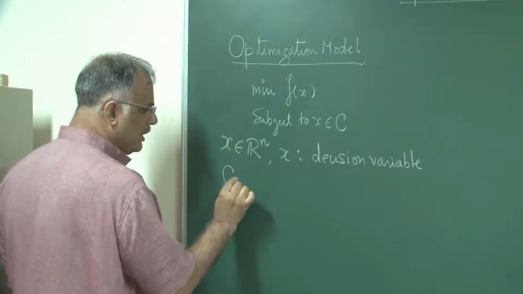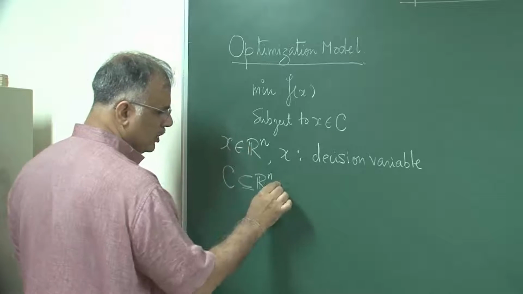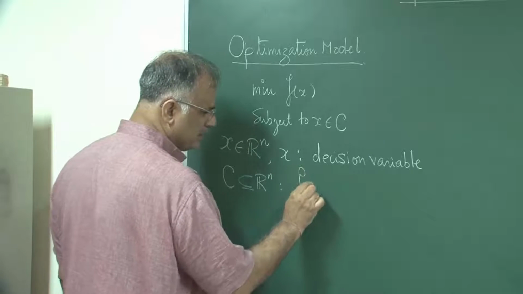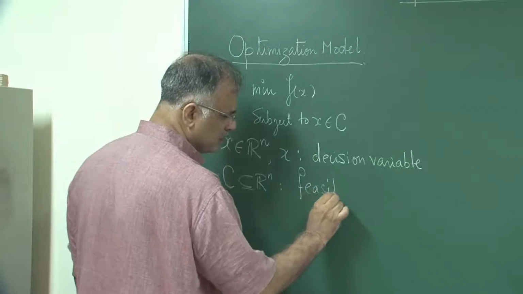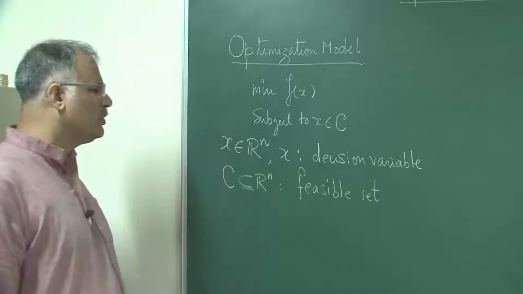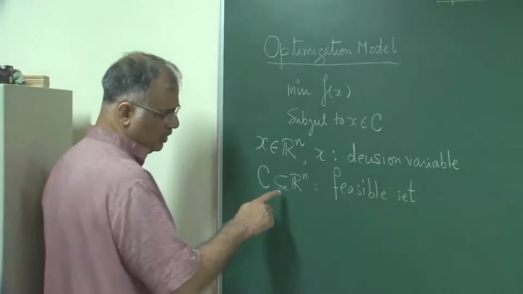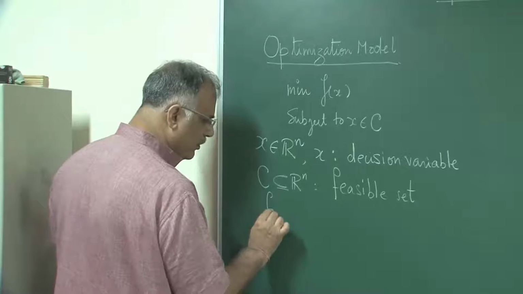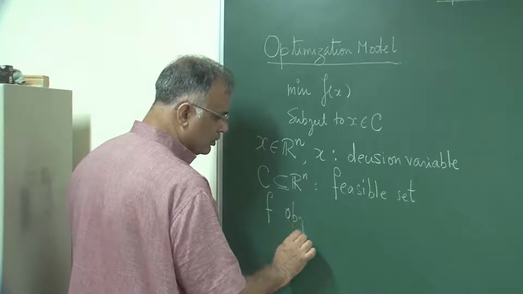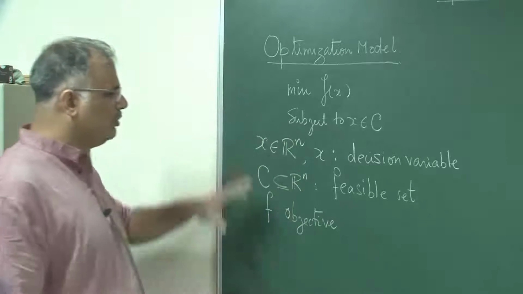This set C, which is a subset of R^n, is called the feasible set. That is, consideration of any x which is outside C is not really relevant to this problem. And f is called the objective function, the functional value that you want to minimize.